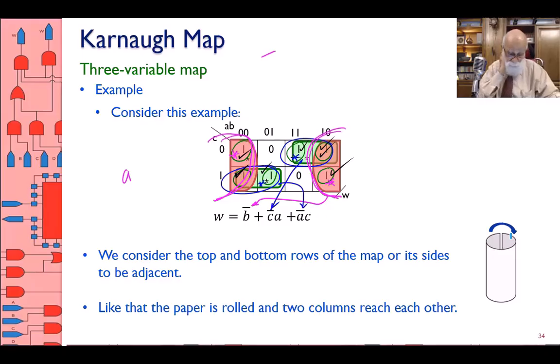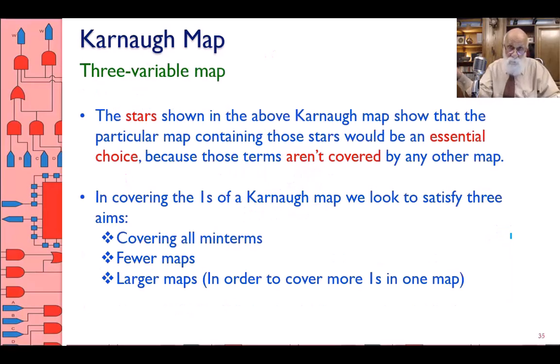adjacent. All in all, what you have to do is you want to make sure that you cover all the min terms. You want to make sure that you have fewer maps, and you want to make sure that you have larger maps. Okay?